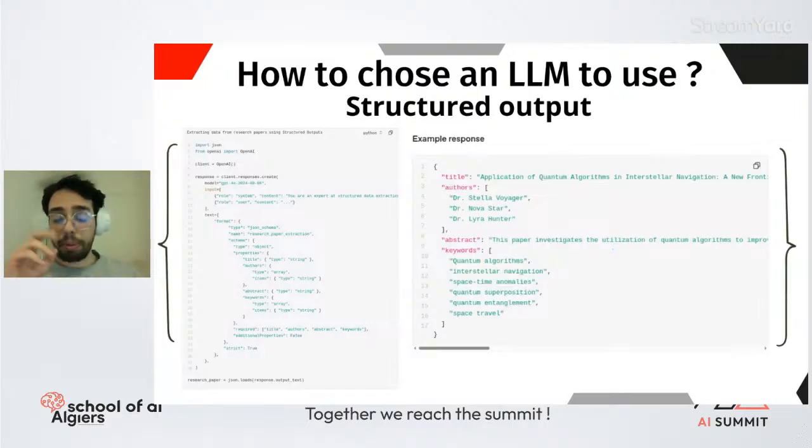Also, I want to open a small bracket because most of the time when people evaluate LLMs, they make a mistake somehow. They evaluate the LLM and the output might be something correct, but the format of the output is wrong. It is not a correct format.